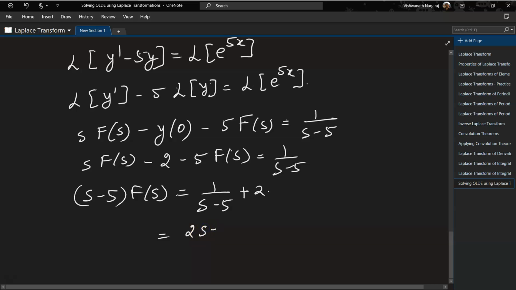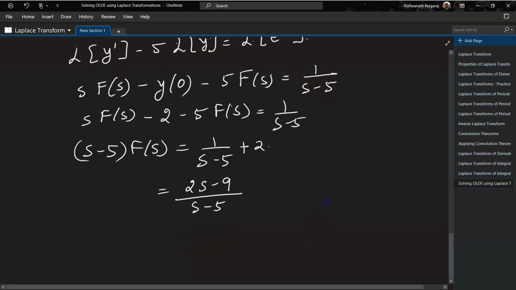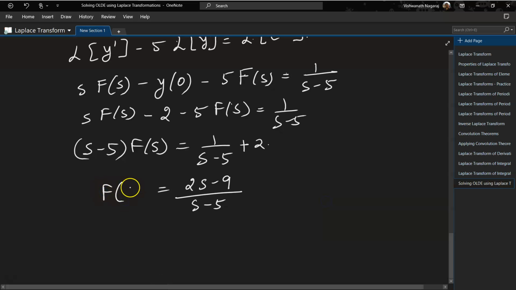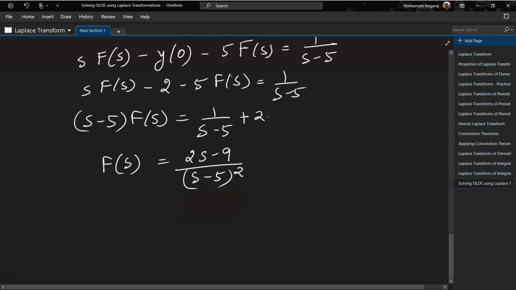So 2s minus 9 by s minus 5. Now if we bring this s minus 5 to the other side, this becomes square. Now we arrive at something that you need to be very good at, and that is partial fractions, right? We have to split it into partial fractions.